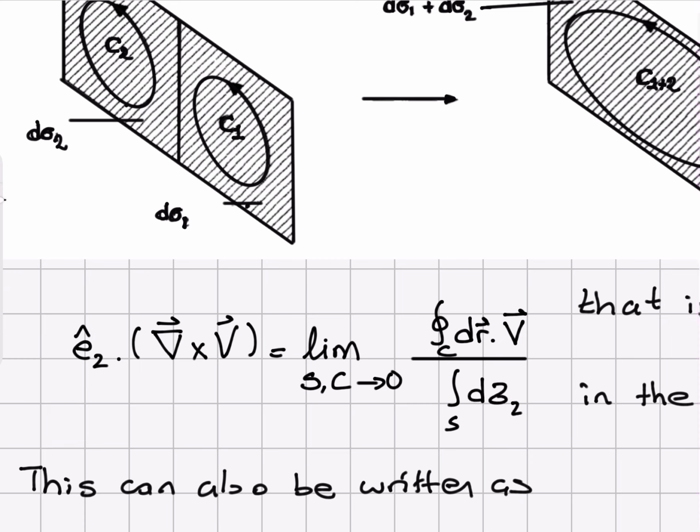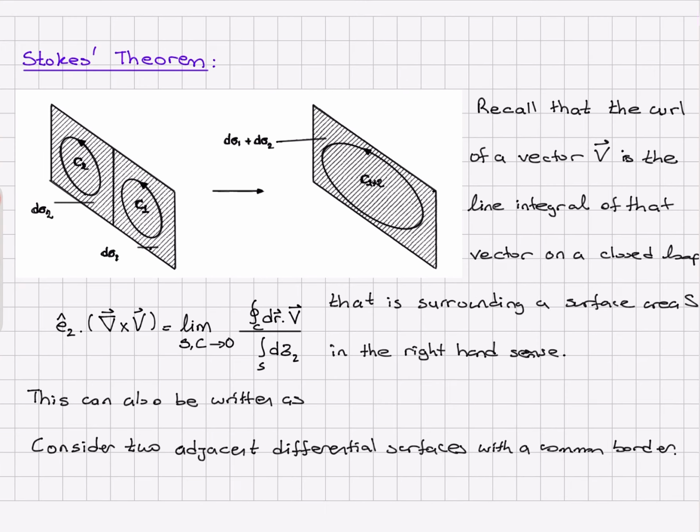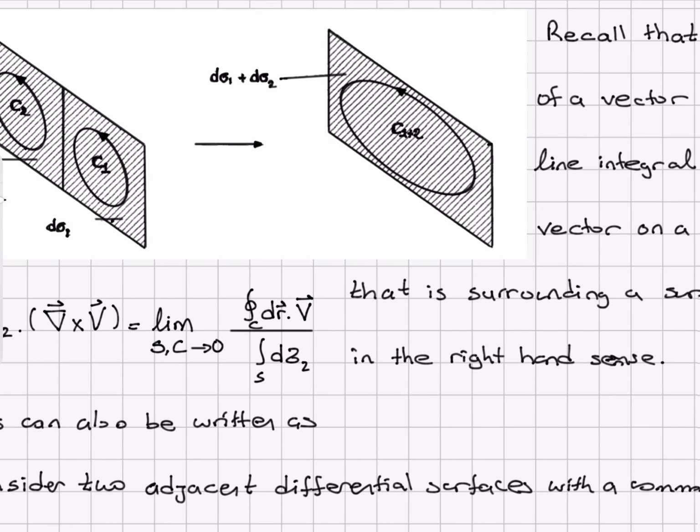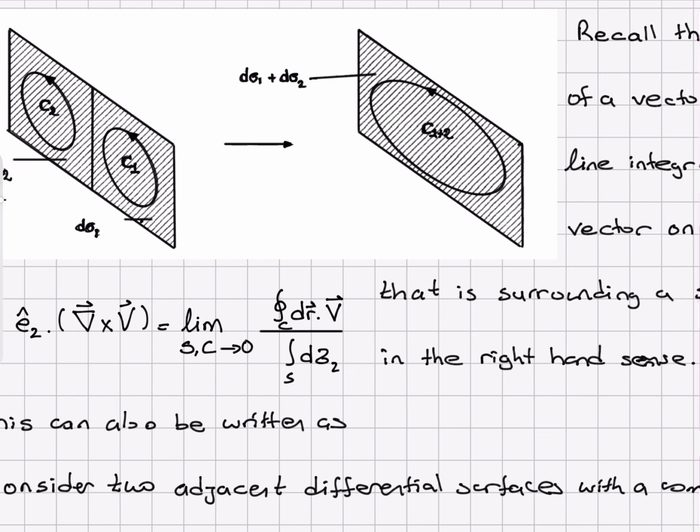Okay, now we can also write this, in the limit S goes to 0, as the curl of the vector field v dot product with the differential area vector d sigma z.